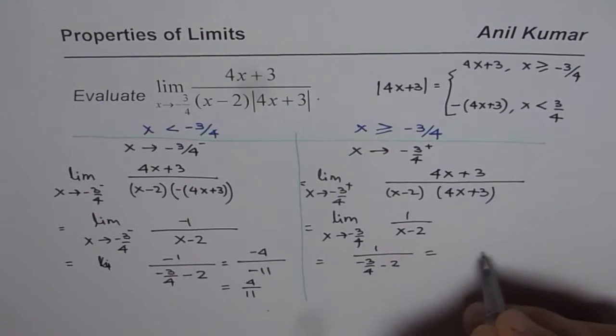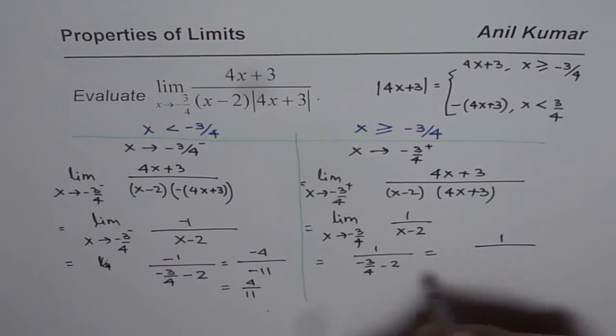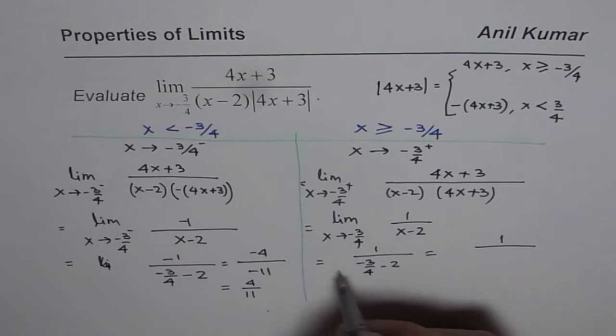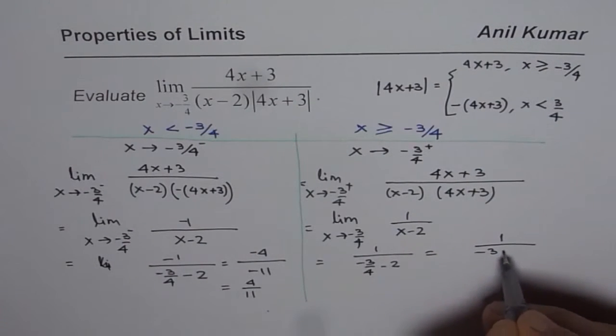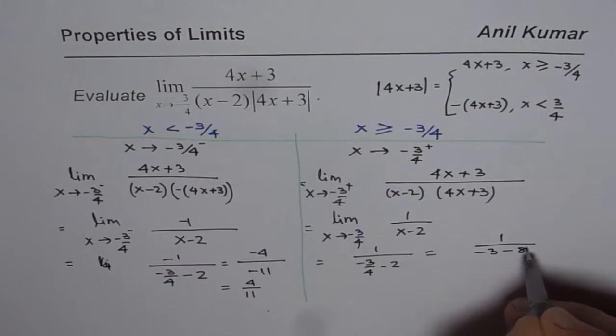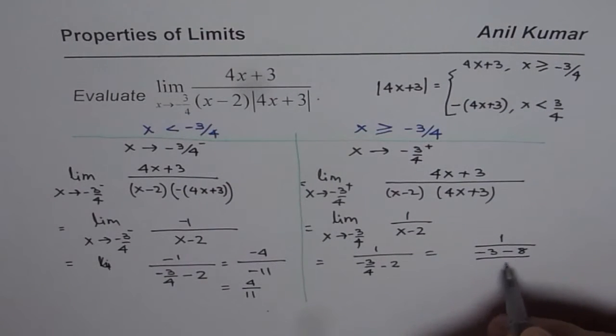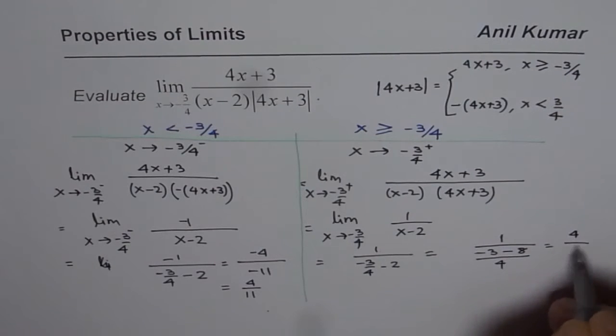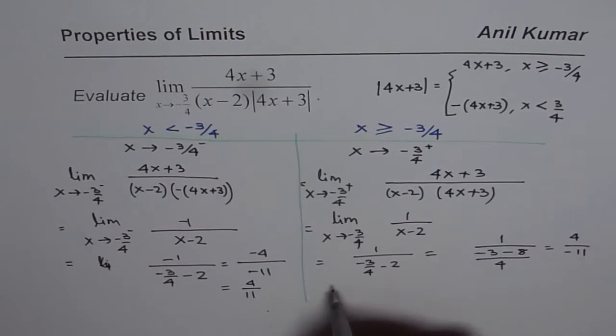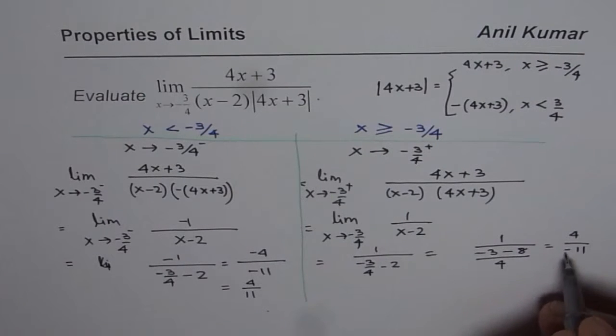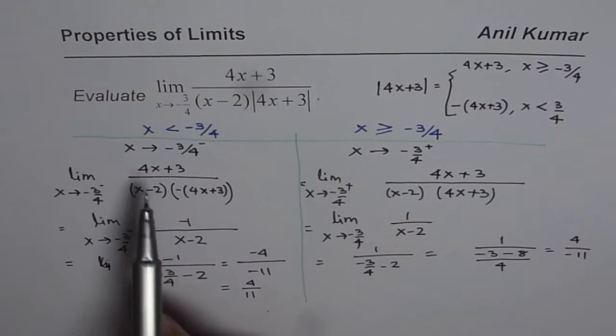Let me do this calculation in a different way. It is minus 3 minus 8 over a common denominator of 4. So the 4 goes in the numerator, and that is minus 11. So what you get here is 4 over minus 11.